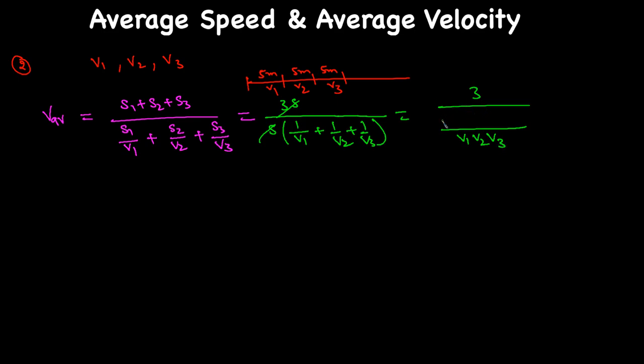In the numerator it becomes v1 v2 plus v2 v3 plus v1 v3, and then we rearrange it, it becomes 3 times v1 v2 v3 over v1 v2 plus v1 v3 plus v2 v3. So that will be the formula in that case.